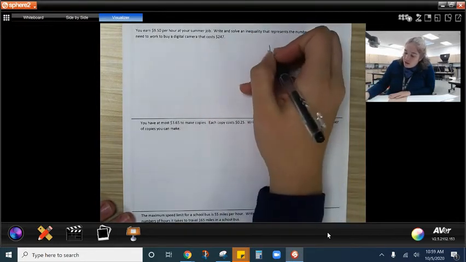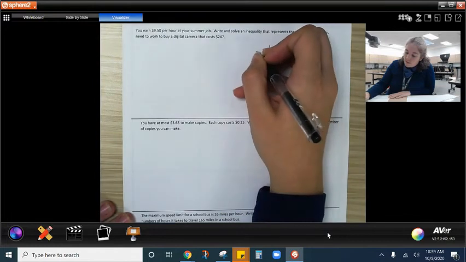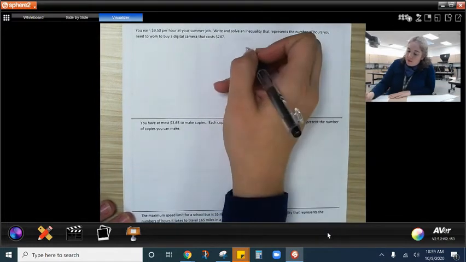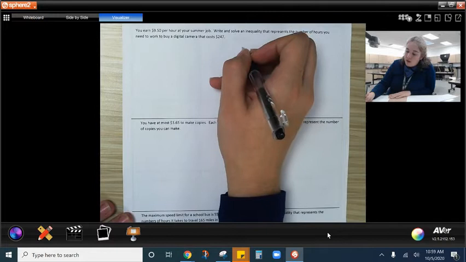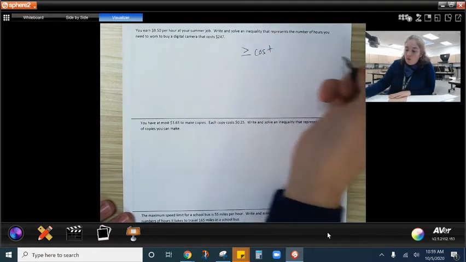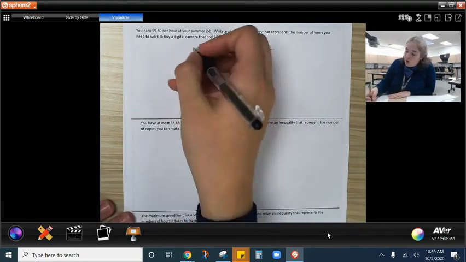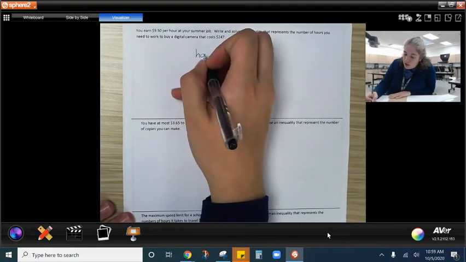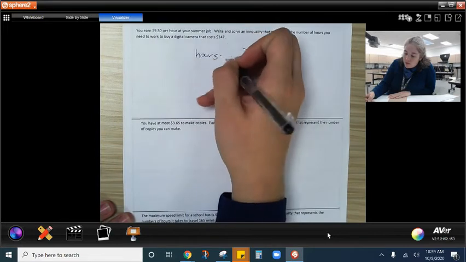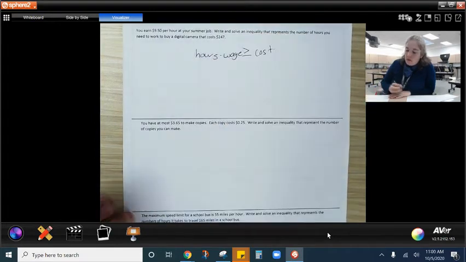So we know that we're going to have the camera cost, and we need to have more than or equal to the camera cost, right? And we also know that we have our hours times our wage.